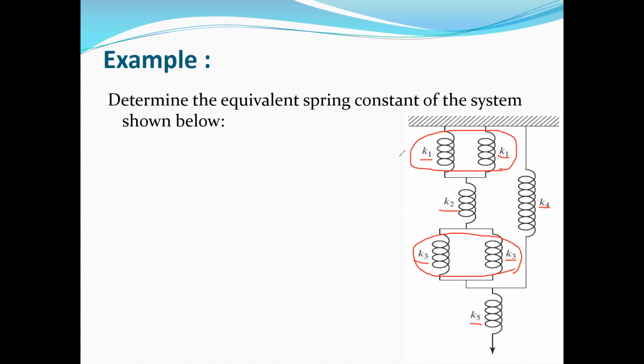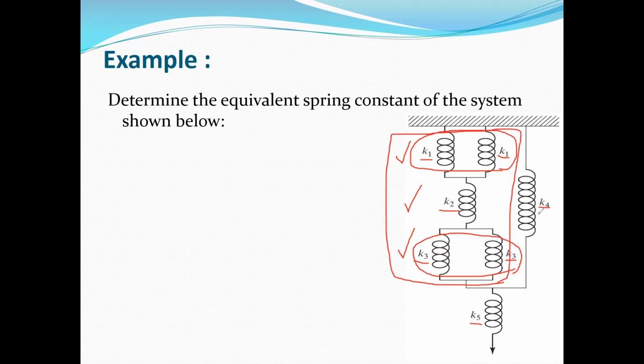Then we will have a combination of 3 springs in series: the spring equivalent 1, a spring with stiffness K2, and a spring with equivalent 2, which is 2 times K3. And finally, we can obtain the equivalent stiffness for this part.